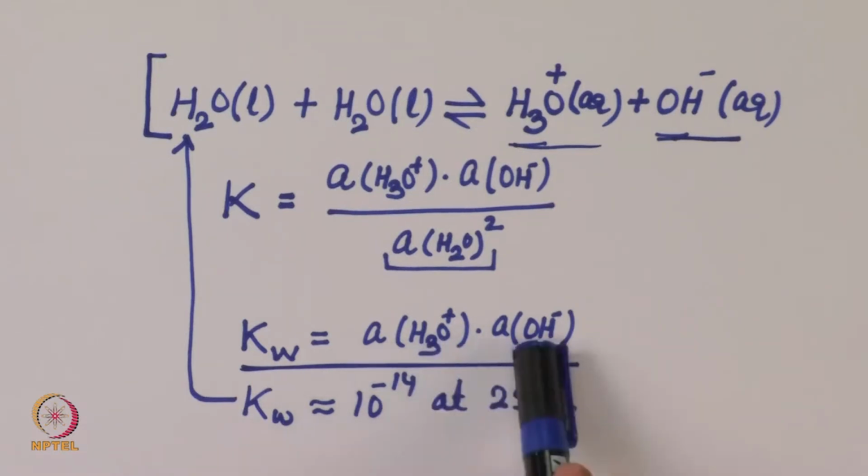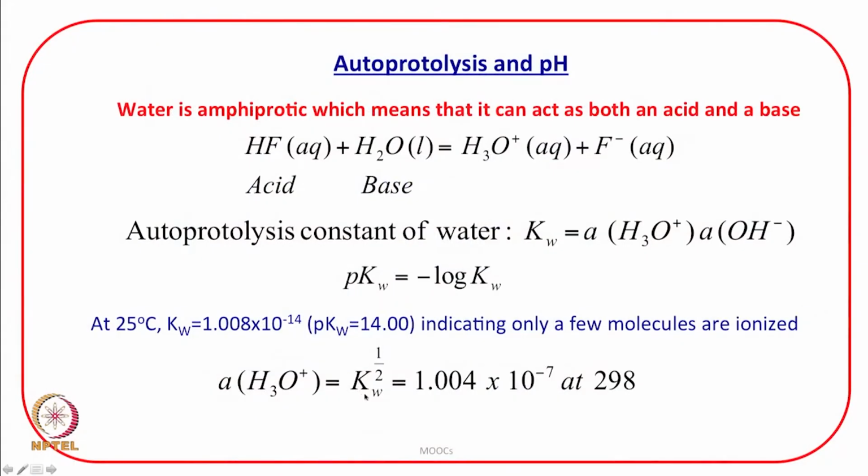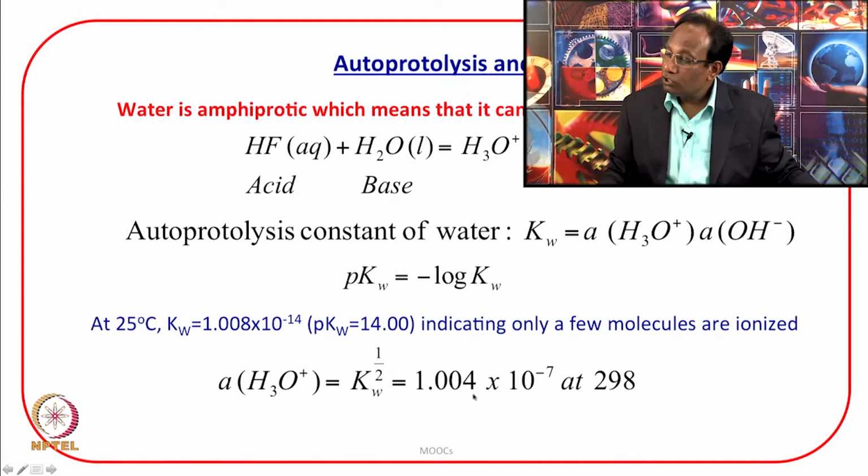Since they are same, let us look at the slide, activity of hydronium ion will be just Kw square root, which will come out to be 1.004 into 10 to the power minus 7 at 298 Kelvin.